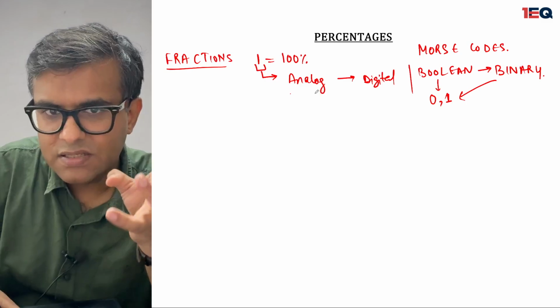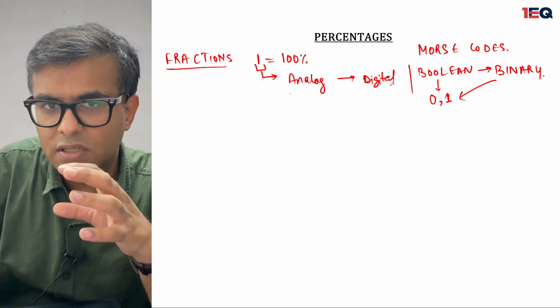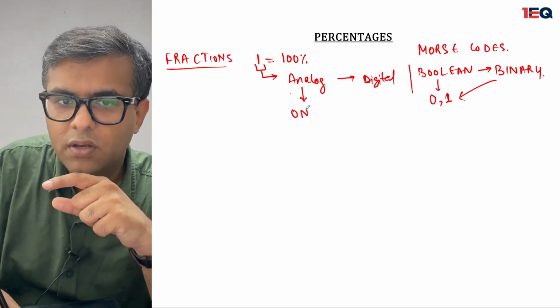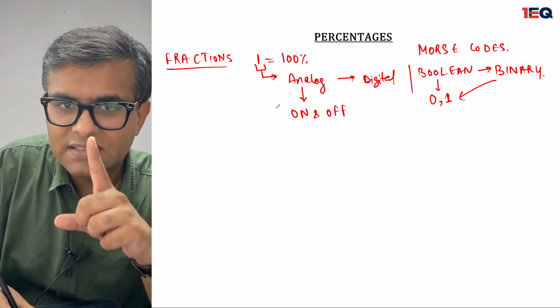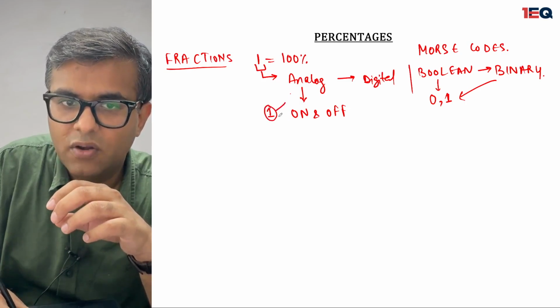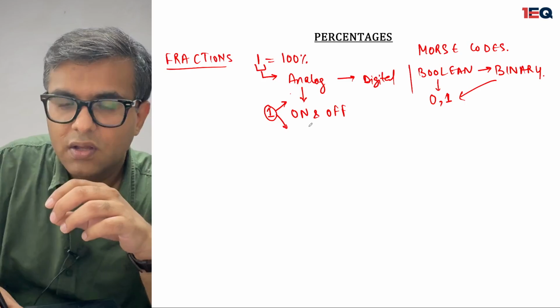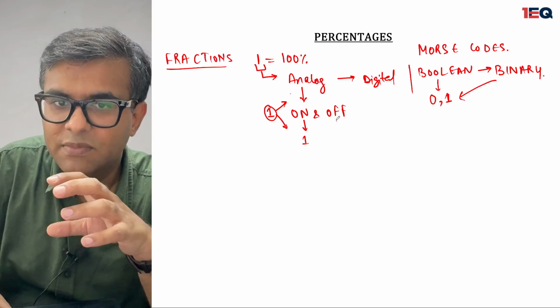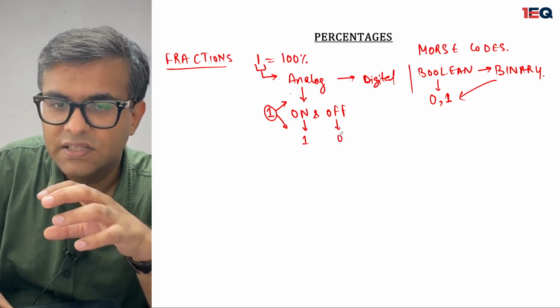When the signals were being converted from analog to digital, there was only one kind of signal: on and off. Either it stays on or it stays off. Every time the signal is on, it is 1, and every time the signal is off, it is 0.